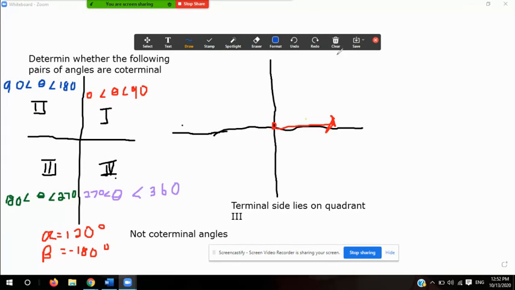So alpha now is going to be 20 degrees. Let me erase this so that we don't get confused.